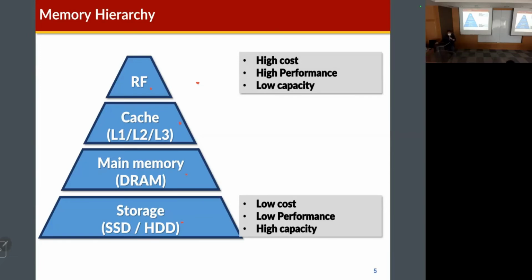Hierarchy in Korean means 계층 구조. So the hierarchy has a higher level and a lower level.